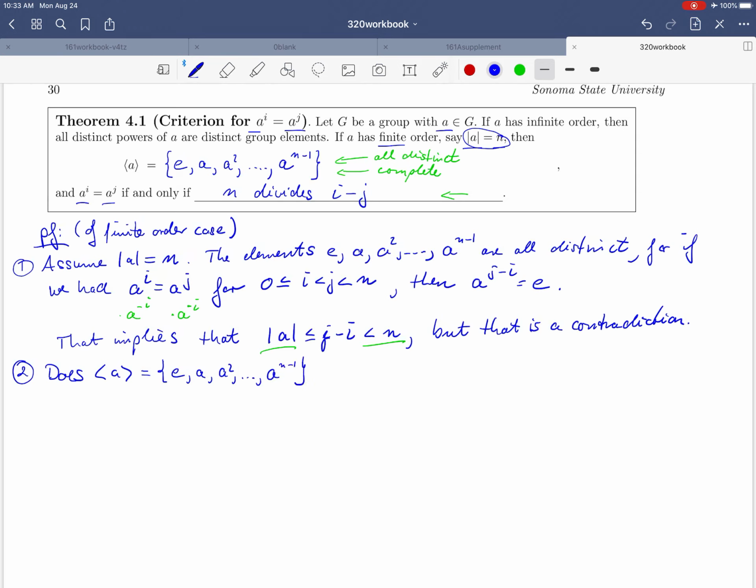If I only write down n elements, do I get every single power? Okay, well, let's see. Let's pick one. Let's take an arbitrary element in the cyclic group. So A to the k is some element in the group generated by A, for some k.